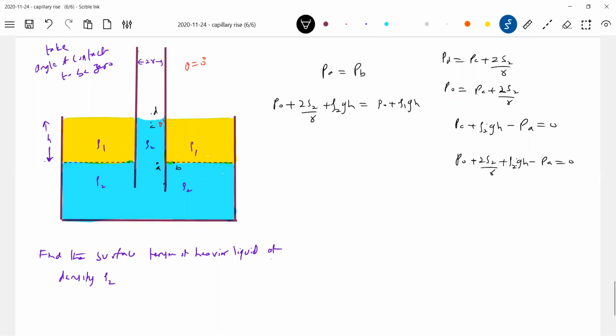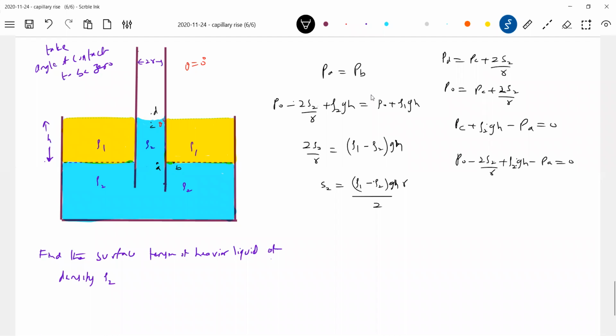We have many symbols, no? Okay, then. So P naught gets cancelled. So therefore, 2S/R is equal to rho 1 minus rho 2 g h... P naught minus 2T by R. I'll make changes.